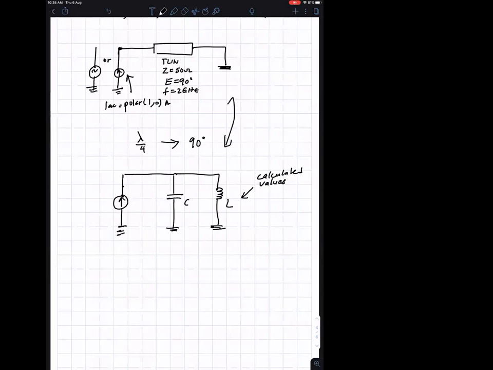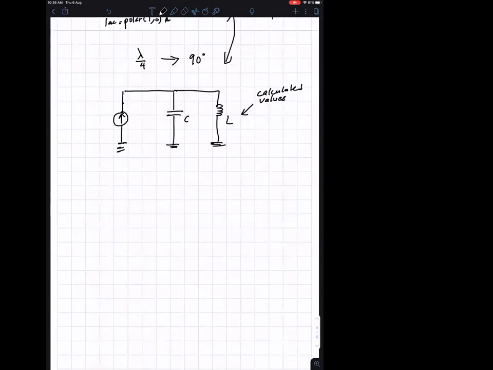Compare, FC same 2 gigahertz, Z naught equals 50, omega C. So you compare these two.